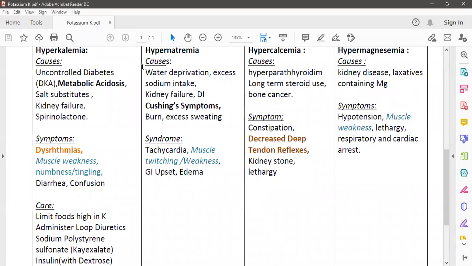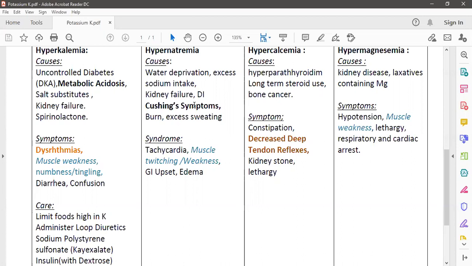If anybody undergoes a burn, there is fluid loss, water deprivation, excessive sweating, fluid loss. When fluid is lost, solute is increased in the body, and sodium is a solute, right? So loss of fluid is an important cause of hypernatremia.